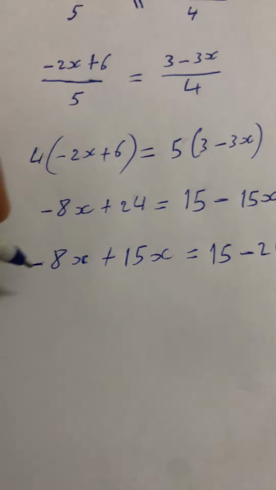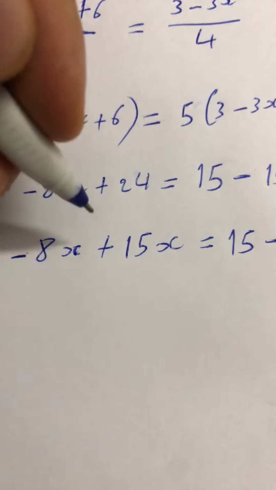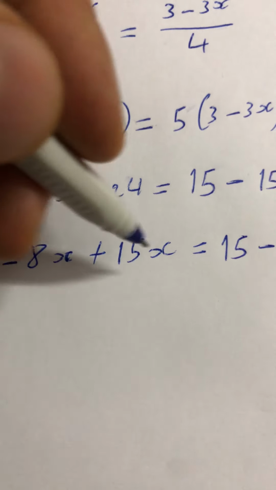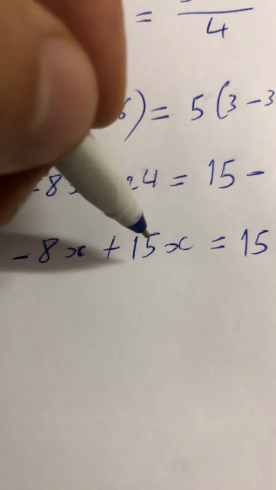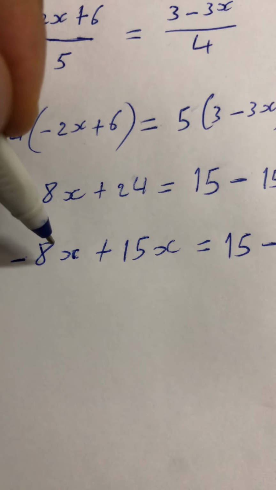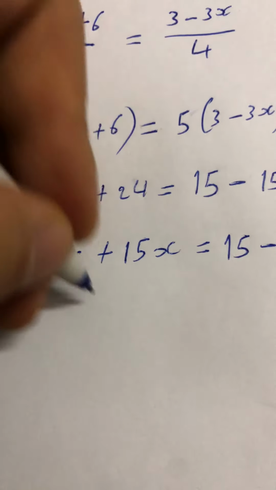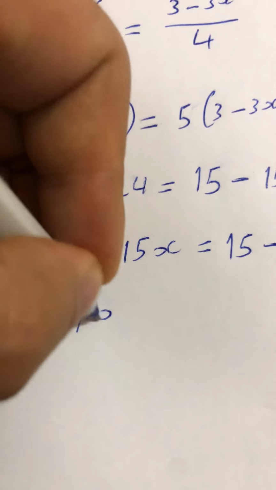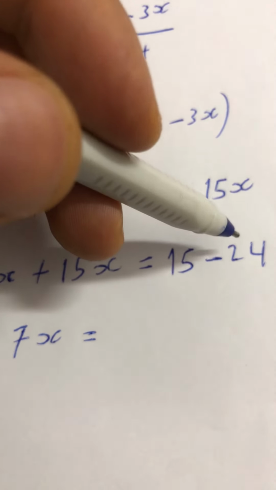Okay, now we calculate minus 8x plus 15x. It's the same, use the commutative property. You can begin with 15x. 15x minus 8x, how much? 15 minus 8 is 7, so 7x equals 15 minus 24, how much?